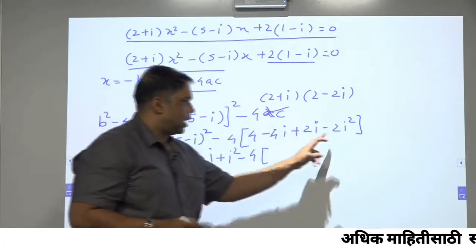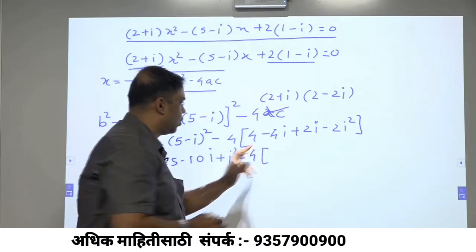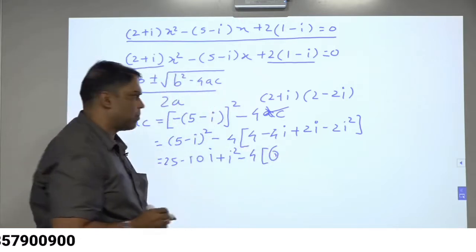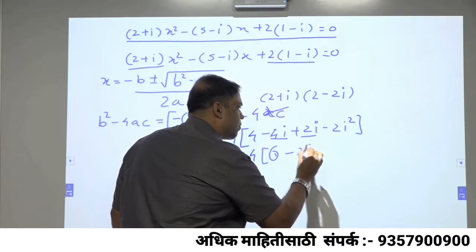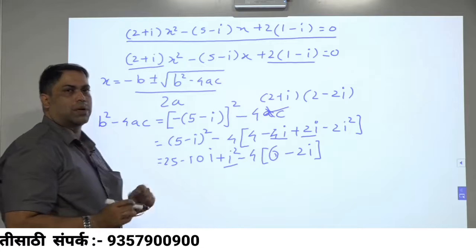Clear? Minus 2 into minus 1 is plus 2. This plus 2 plus 4 is 6. Right or wrong? This is 6. And minus 4i plus 2i is minus 2i. Am I right? Finally, see, this i square is nothing but what?